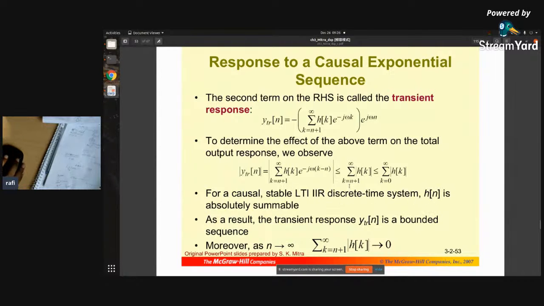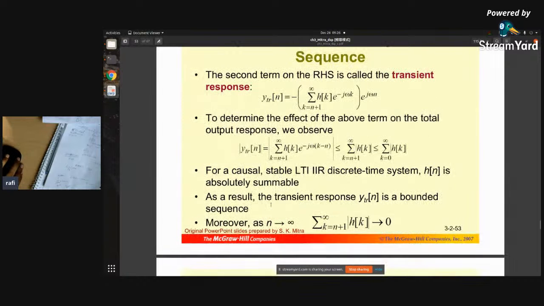This h of k is absolutely summable, assuming so, so this value will also be absolutely summable. So the transient response is always bounded. As n tends to infinity, this h of k value goes to 0.